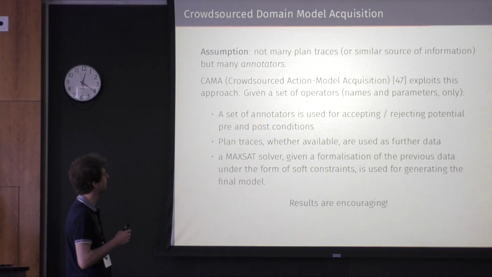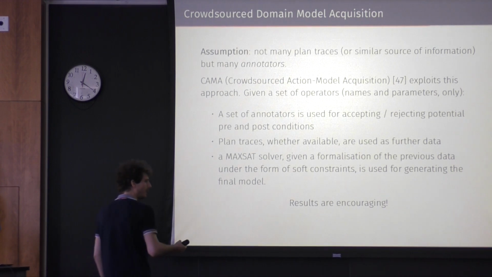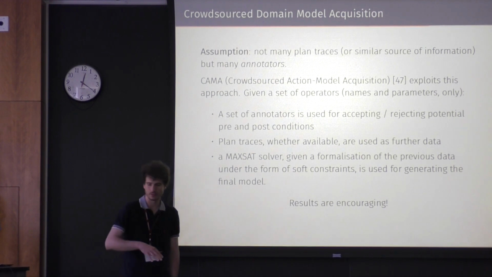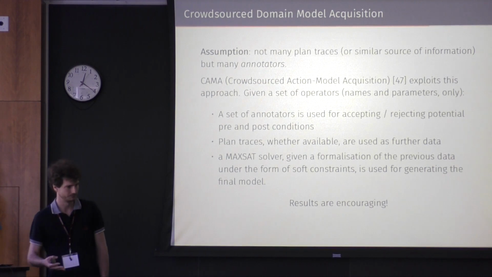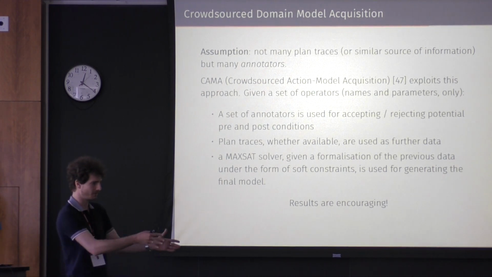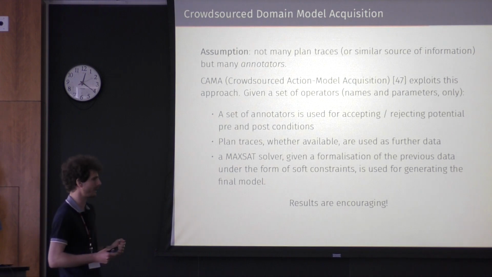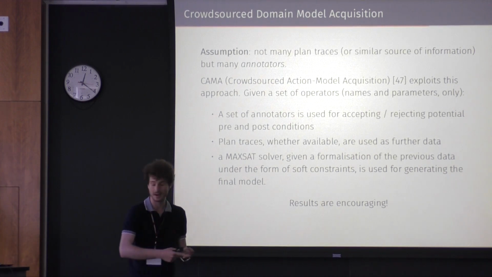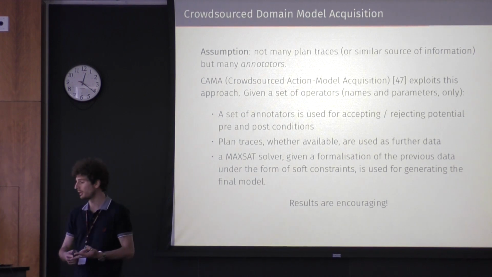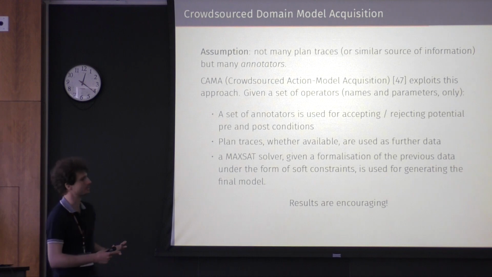So this seems to be a direction which can be pursued for this sort of crowdsourced domain model creation, which basically leads us to these three ways that we have right now for encoding domain models: the old way, in which you have a domain expert and a planning expert, some machine learning techniques, and then some crowdsourced techniques.